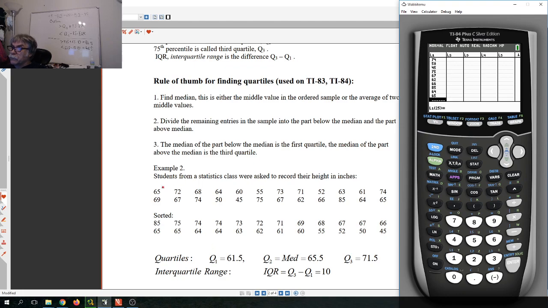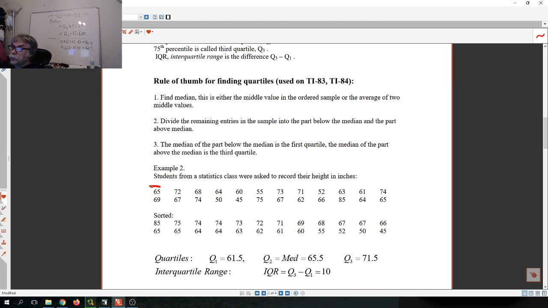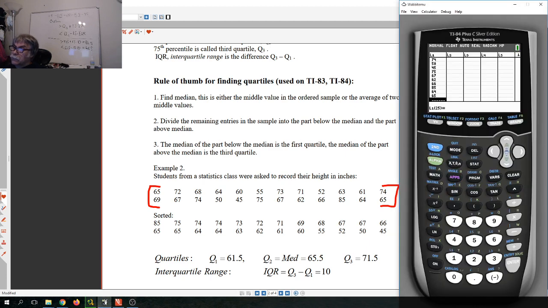I just put all of these in the memory of the calculator. Now, the first thing you want to do, I guess, would be to sort this, because you want to see what the minimum and maximum is. You really don't have to do that, because I'm going to show you in a moment the calculator can do all of the calculation of the 5-point summary without you sorting the data.